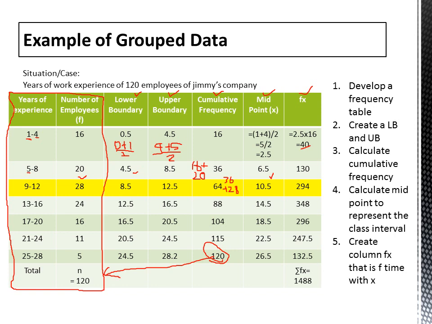Frequency times midpoint. For the second row, 6.5 times 20 is equal to 130. At the end of the rows, you need to sum the fx. Sum of fx, you add up all the rows of fx, and here it is equal to 1488. So that's the things.